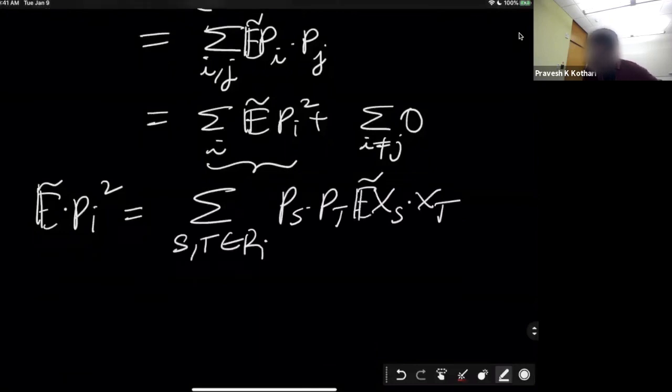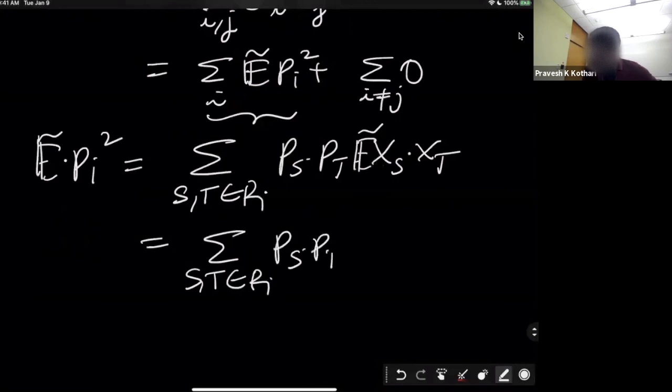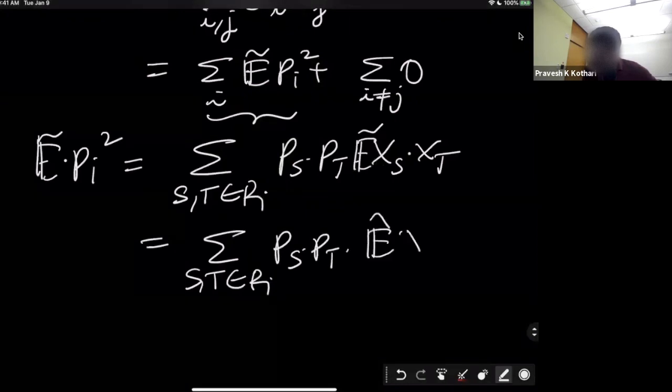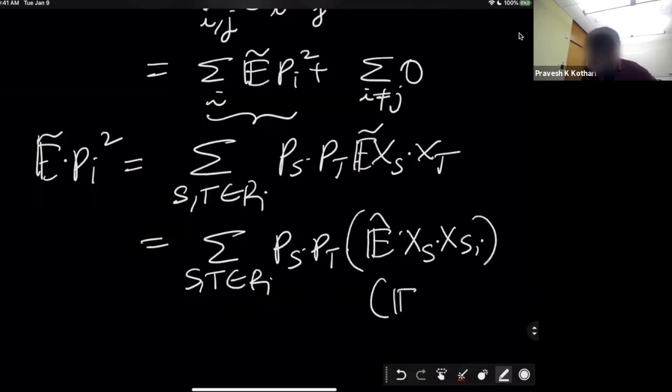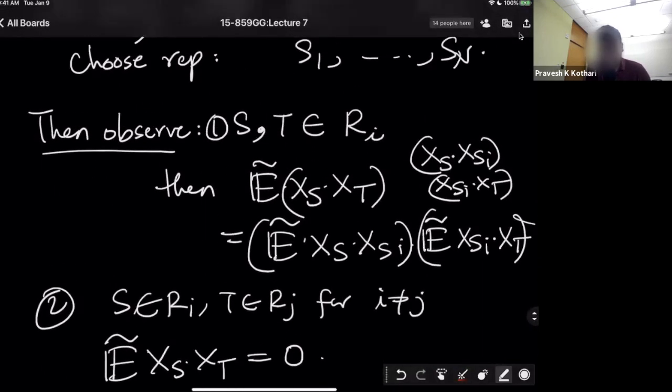Property 1 says that the pseudo expectation of the product x_S times x_T equals, because they're in the same equivalence class, I can relate it to the product of this fixed representative monomial with S and T. This is the property that we stated and discussed the proof of here.